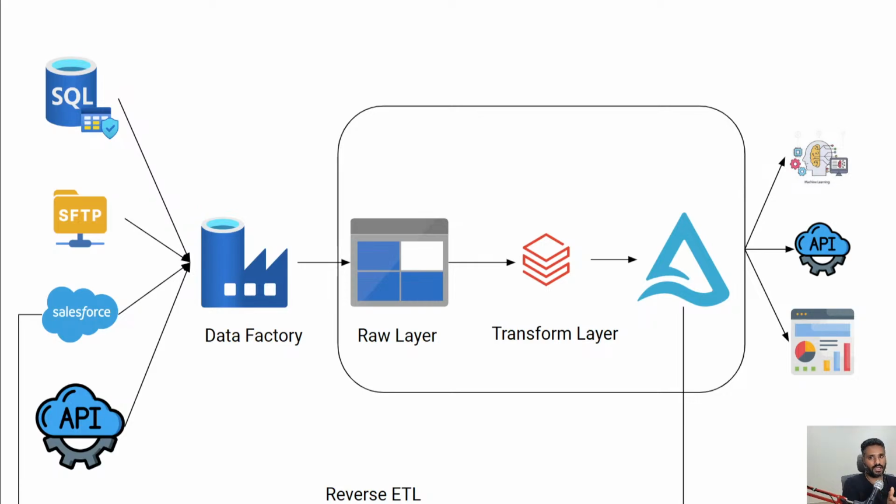But streaming, on the other hand, continuously sends the data into our pipeline, and we have to be careful in terms of how the infrastructure is set up and how we are going to process the data. Batch is really popular at this point in time, and it is very easy to set up, and we can have as many pipelines as we want for processing the data in batches.